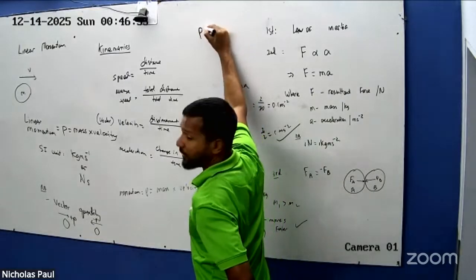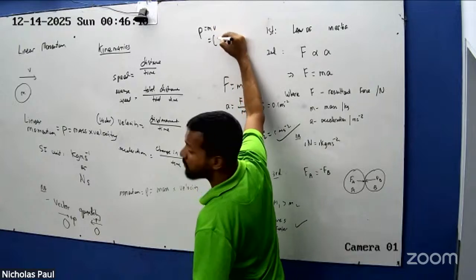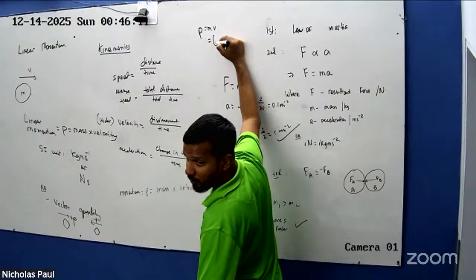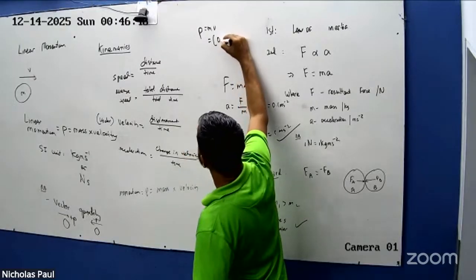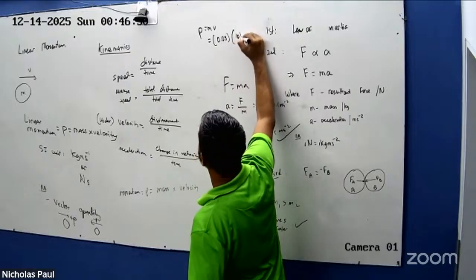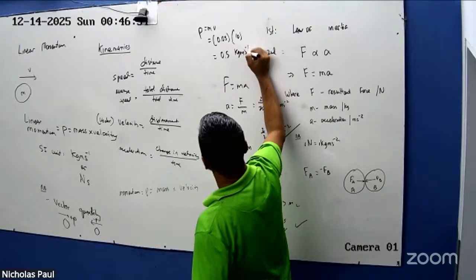The symbol is lowercase p. Momentum is mass times velocity. What's the mass? 50 grams, so that'll be 0.05 kg, and the velocity is 10. So you should have gotten 0.5 kg m s^-1.